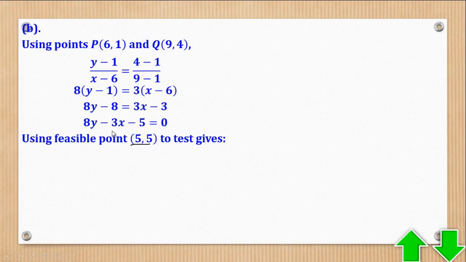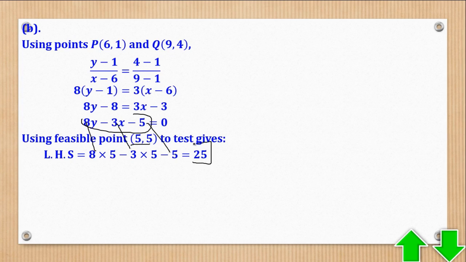So if I use (5, 5), the left hand side, which is 8y minus 3x minus 5, gives you 25. Now this 25 is bigger than 0, meaning we are going to use the inequality greater than or equal to.